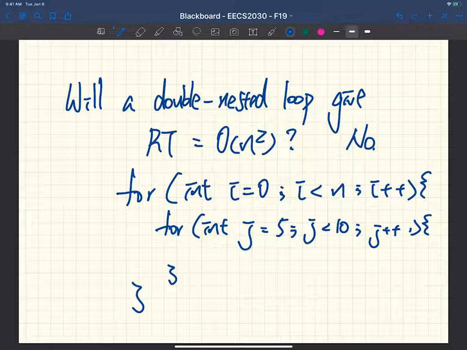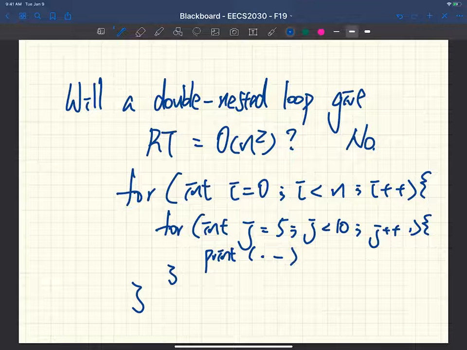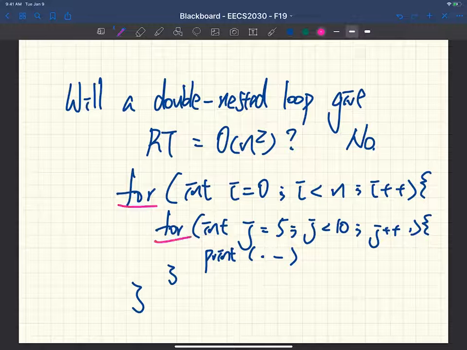And then over here you might say print something. Doesn't matter. So now you can see we got a double loop.